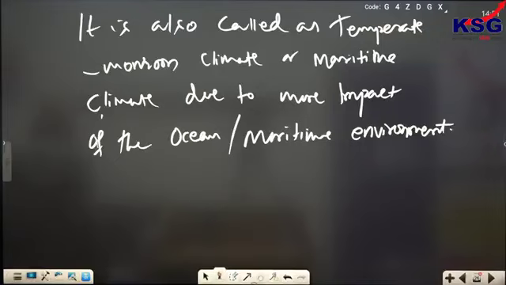It has the greatest maritime influences here. Rainfall is distributed throughout the year. Why? Because of the more and more influence of the ocean. Note down here.